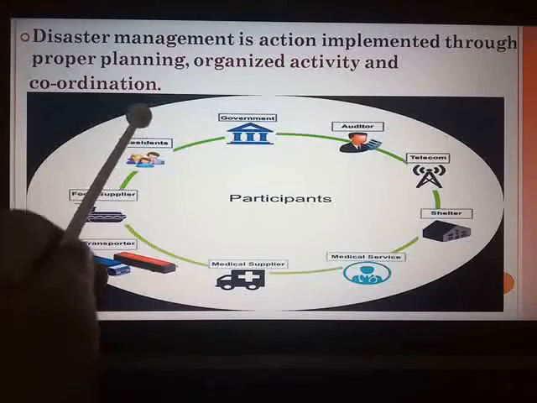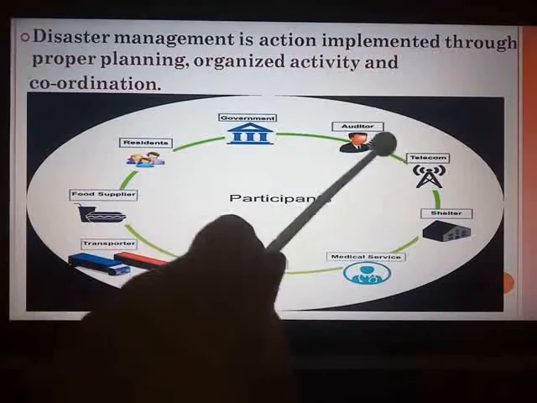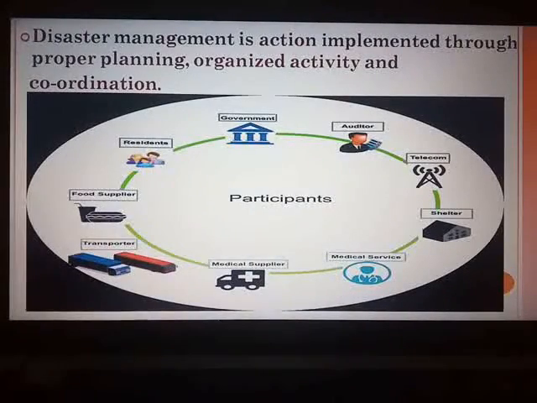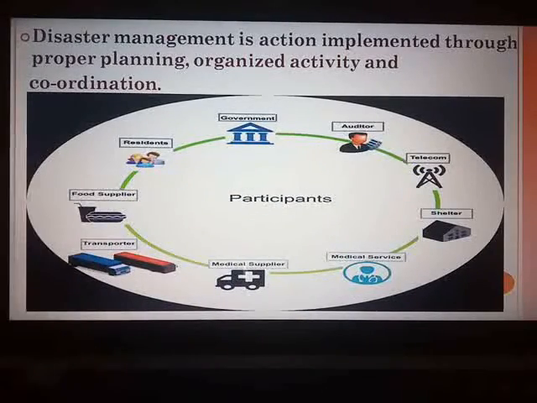The different participants you can see here: government, telecom, because different social media are engaged in helping out in disaster management techniques. Shelter: the victims have to be shifted to a proper place, and proper shelter should be given to them. On the spot you cannot decide, so beforehand all these things have to be planned out.